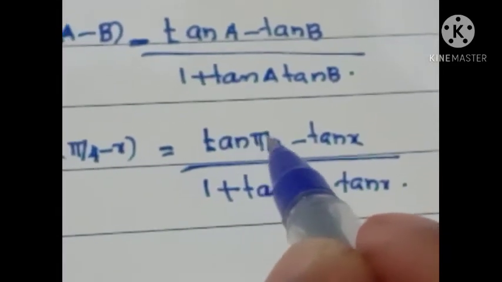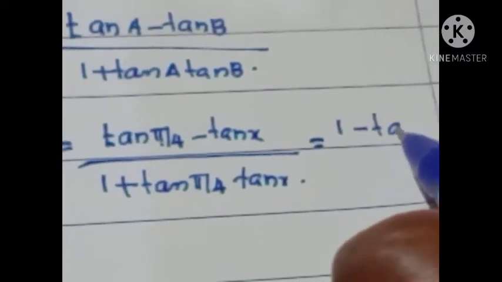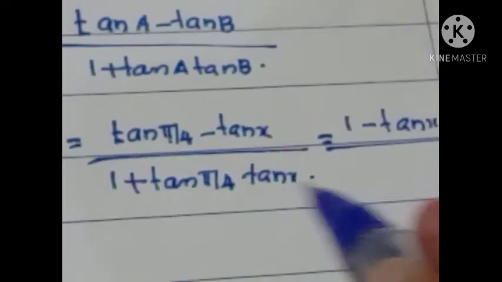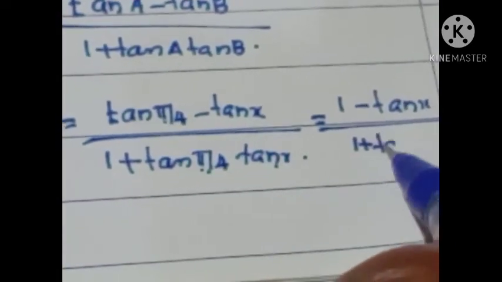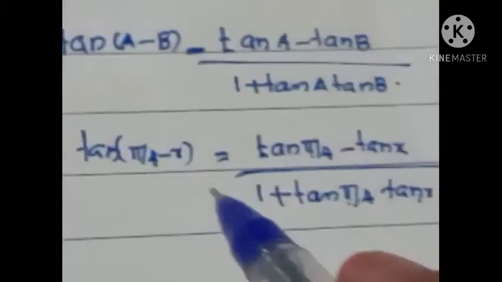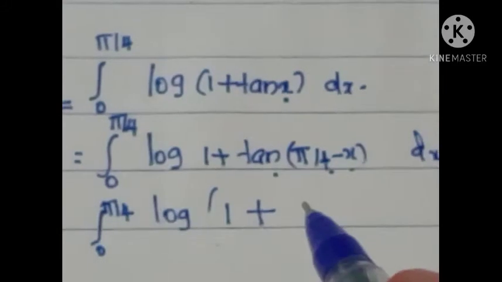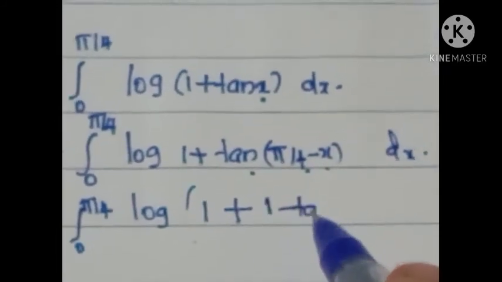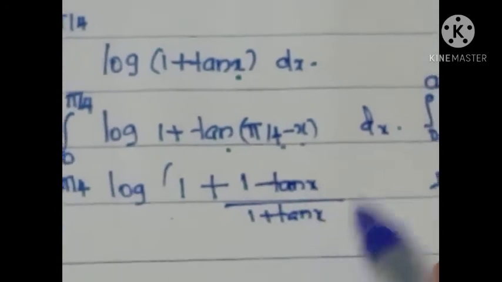Pi by 4 means 45 degree. Tan 45 is 1. So it is 1 minus tan x divided by 1 plus 1 into tan x, that is tan x. So tan pi by 4 minus x can be replaced as, listen here, 1 minus tan x by 1 plus tan x dx.